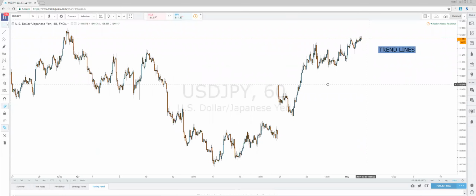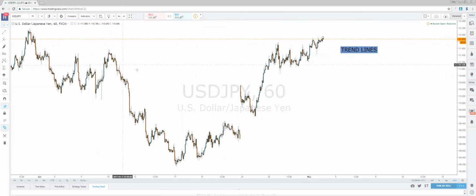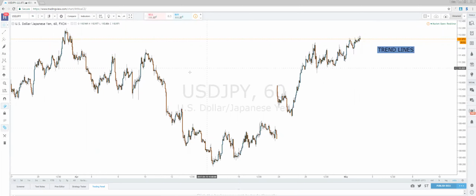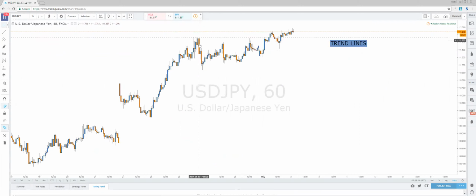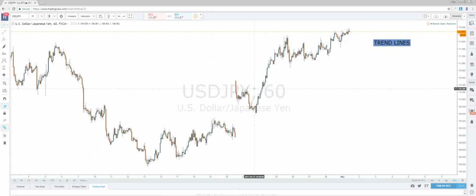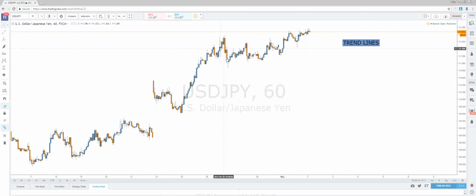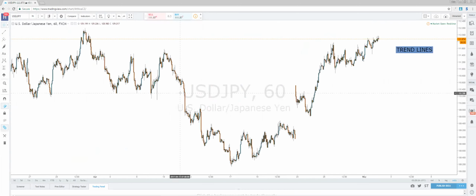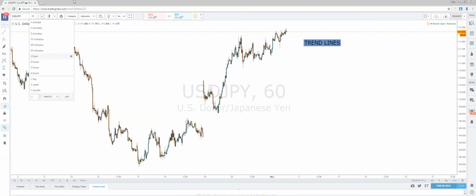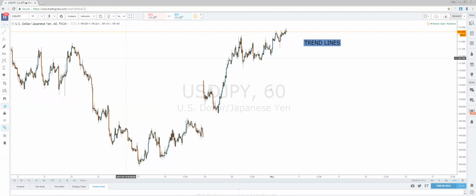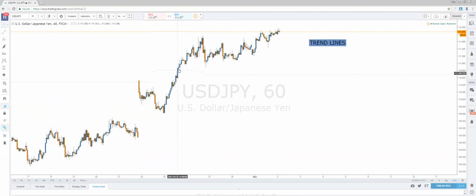Okay, so let's start. Right now we're looking at USDJPY. Today I actually covered candlesticks, what a candlestick is, which is one of these colored shapes you see here. If you haven't watched that yet, go ahead and watch that as I explain what a candlestick is. Right now I am on the 1 hour time frame, which means every 1 hour, one of these candlesticks forms.